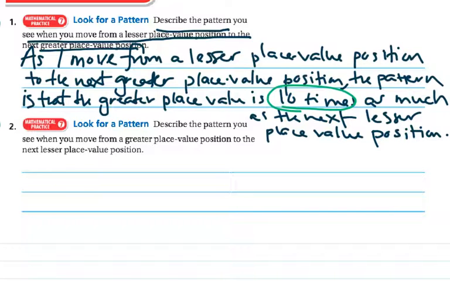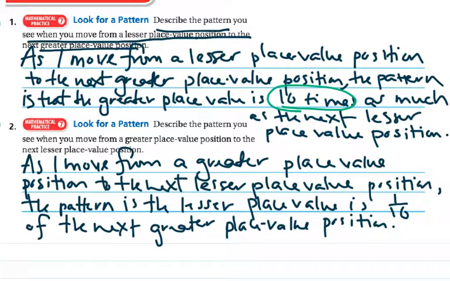Number 2, it says look for a pattern. Describe the pattern you see when you move from a greater place value position to the next lesser place value position. So in this one, we're going from a larger number to a smaller number. So we see that as I move from a greater place value position to the next lesser place value position, the pattern is the lesser place value is 1/10 of the next greater place value position.